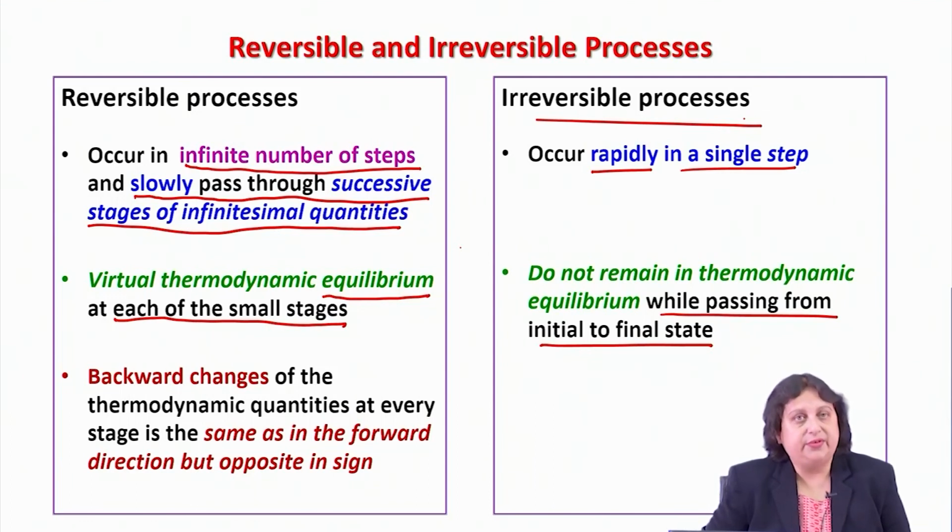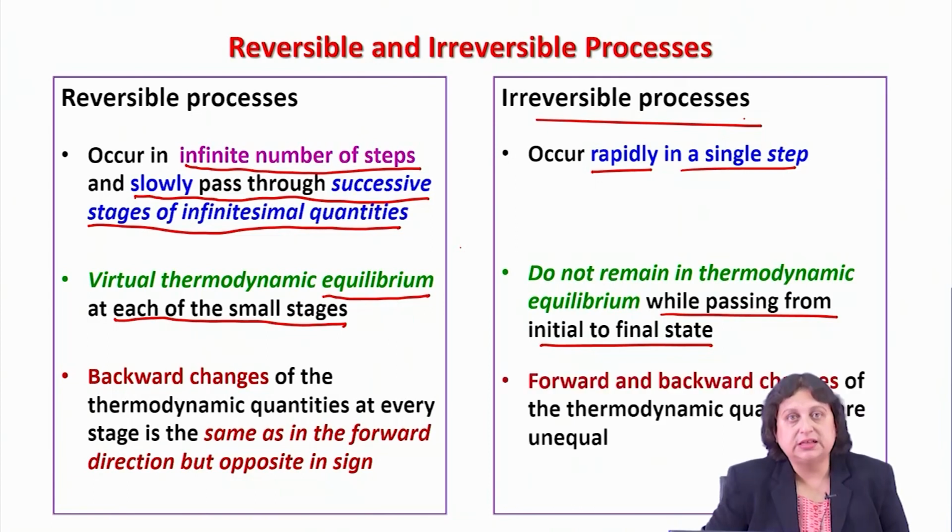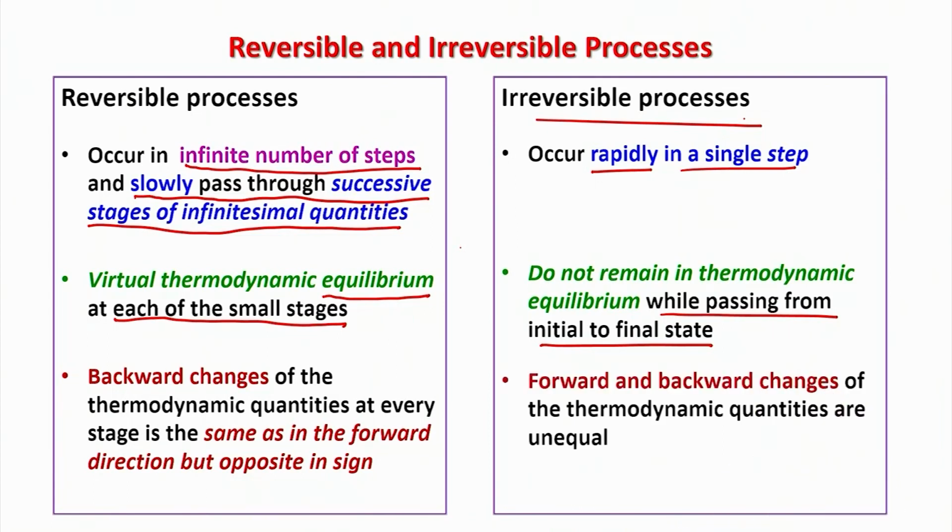As a consequence of the way we carry out the reversible processes, the backward changes of the thermodynamic quantities at every stage are the same as the forward direction but opposite in sign. But of course, in irreversible processes, forward and backward changes of the thermodynamic quantities are unequal.